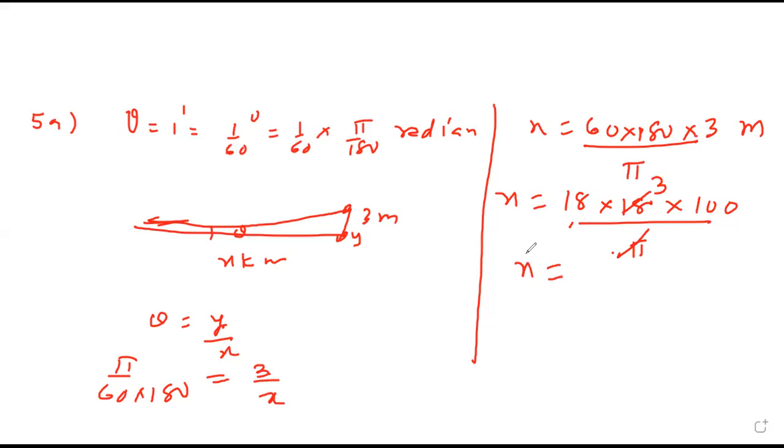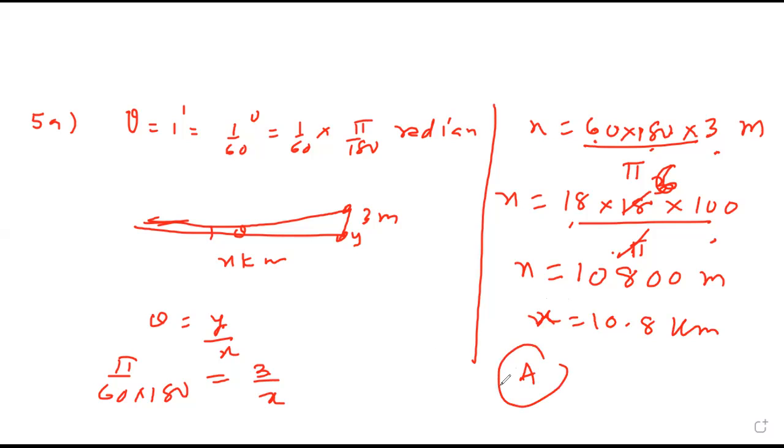So x equals 10,800 in meter. That is nothing but 10.8 kilometer, which is A. I can write 10 kilometer because they have given nearly how much.